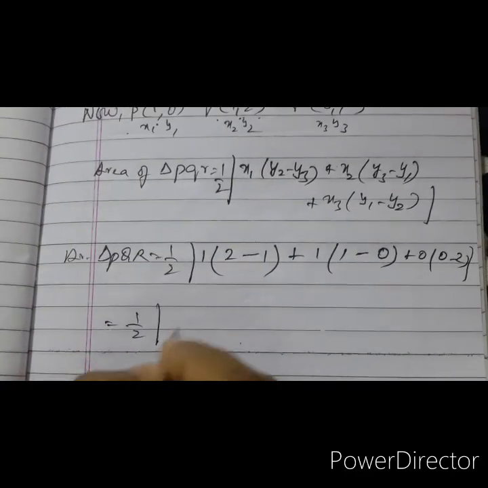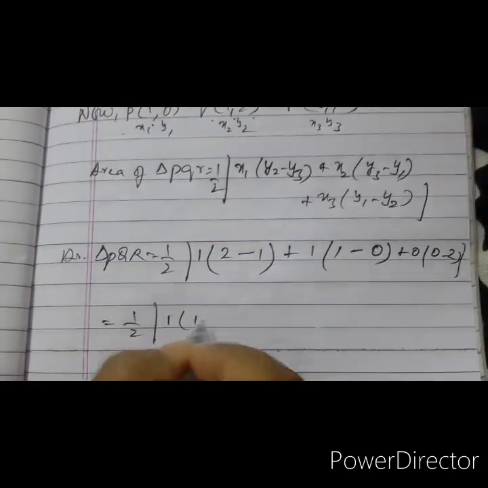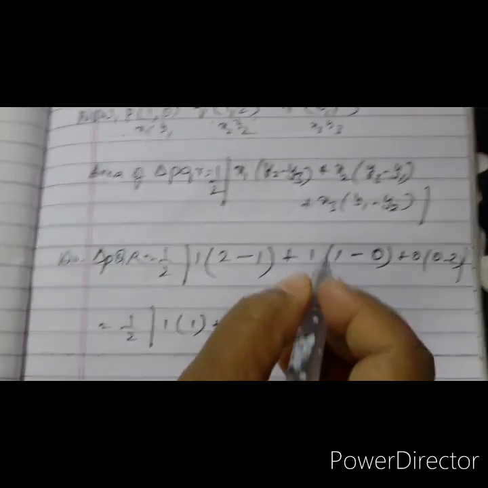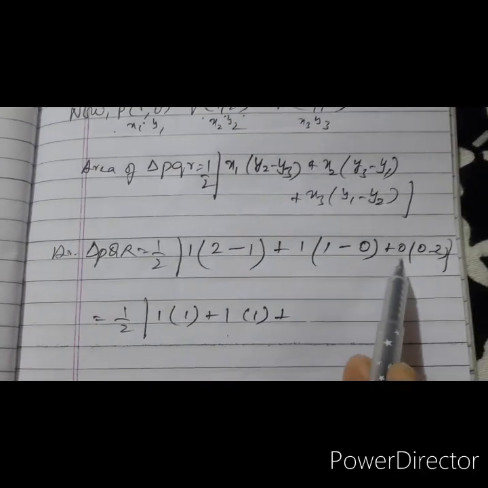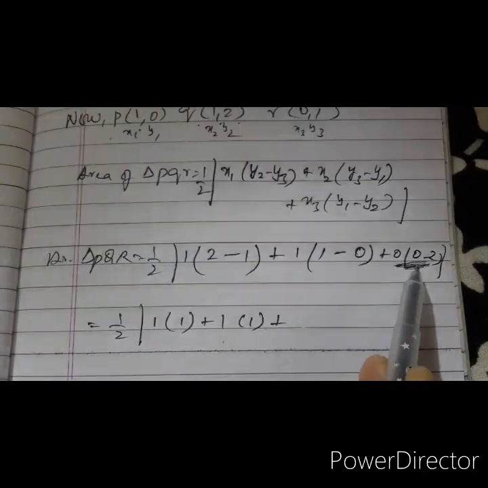This is half into 1 into 2 minus 1, plus 1 into 1 minus 0, plus this is 0. If you multiply this, it's completely 0.